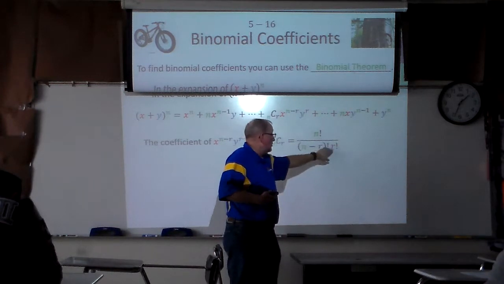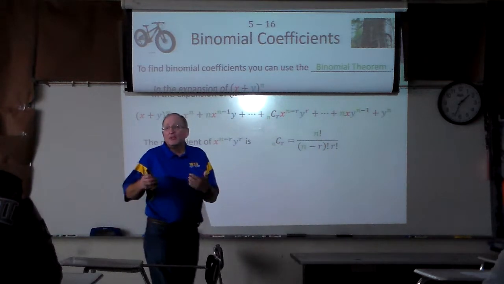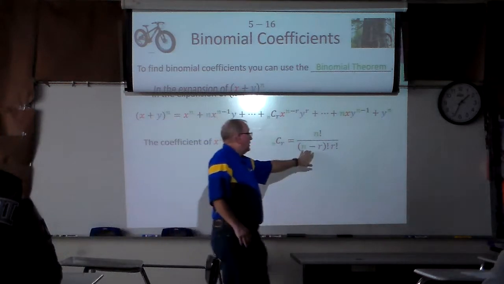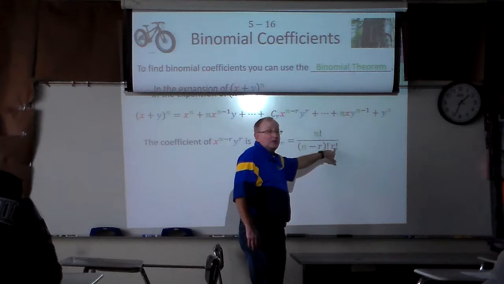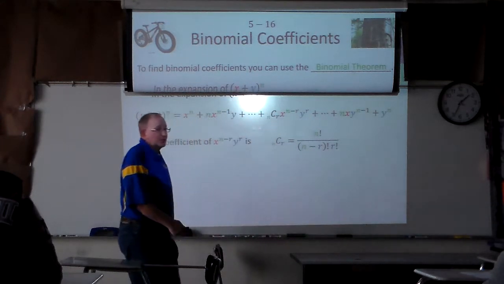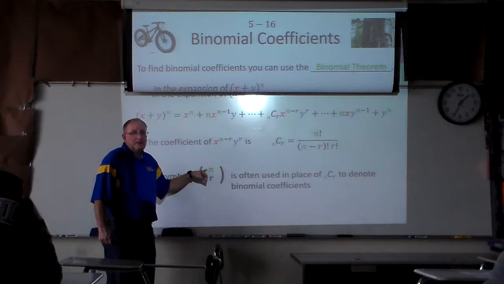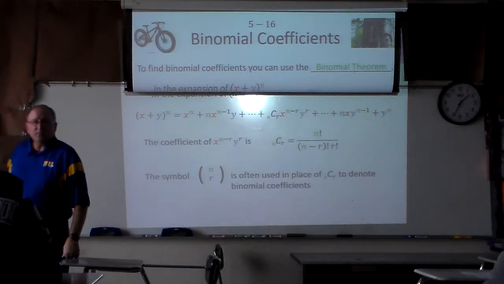If I add n minus r plus r, the r's cancel out and you have n. That's why it's defined that way. This is the number of exponents on the x, and this is the number of exponents on the y term. Sometimes it'll be written like this, n over r.